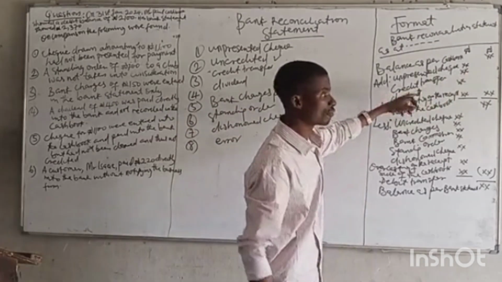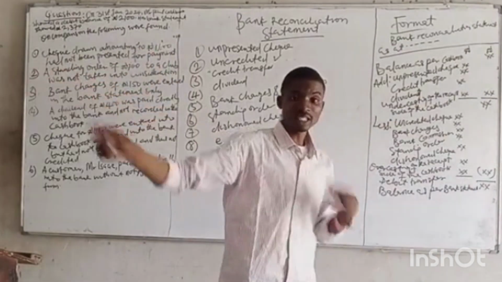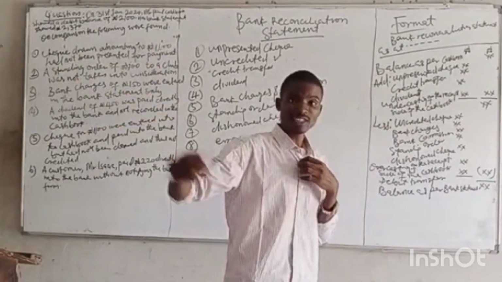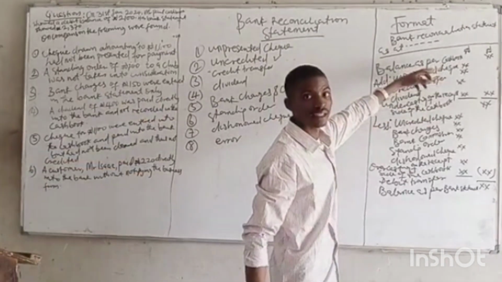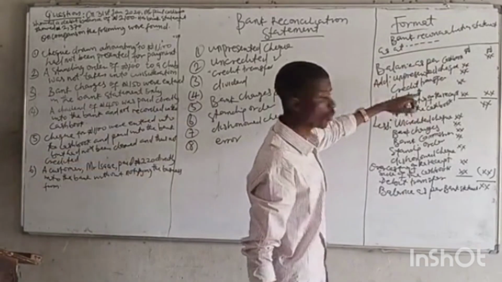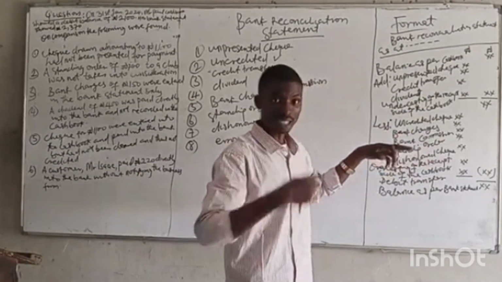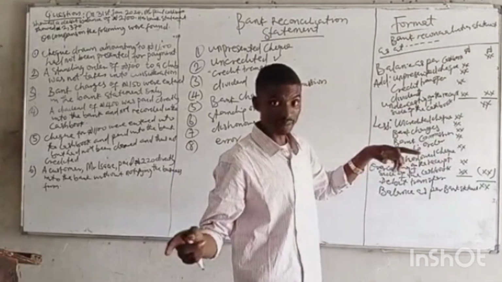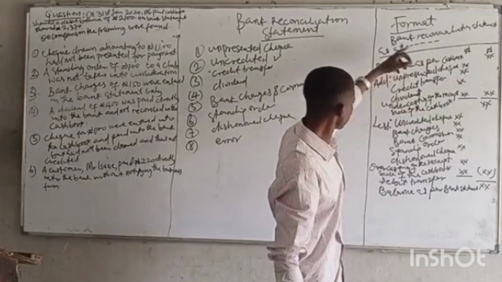Credit transfer: a customer of yours or your debtor pays directly into your bank account without your notice. So as you receive the bank statement, you need to add it also to your cash balance. That's why you're adding it. The same thing with dividend. It was paid directly into your bank account without your notice. So when you receive the bank statement, you need to add it also to your cash balance to increase it.